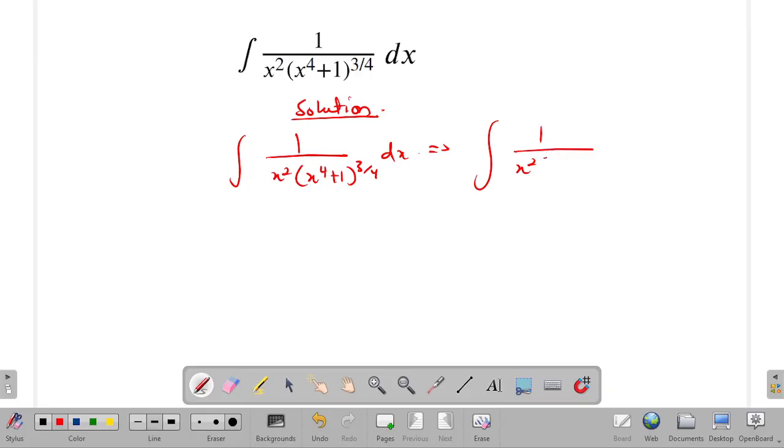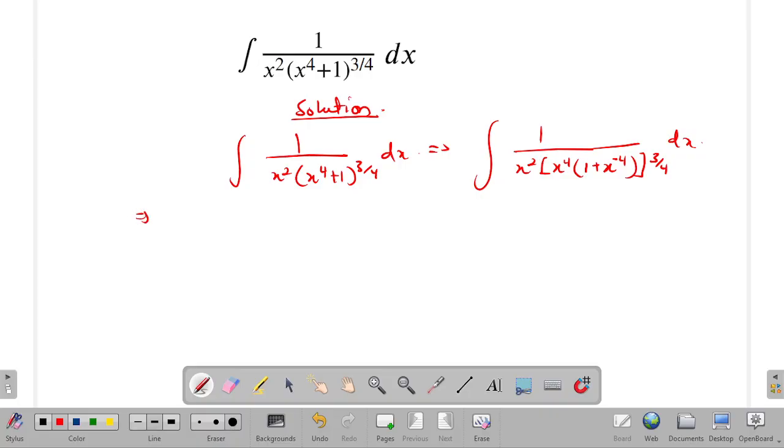So I'll simply have open brackets x to the power 4, still within the power 3 over 4, x to the power 4, open brackets 1 plus x to the power negative 4. Good. Then I'll have my bracket close, 3 over 4, close the dx.